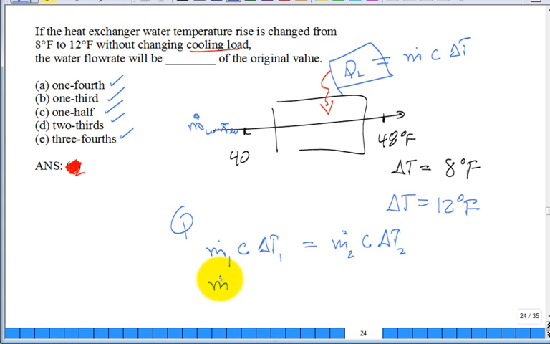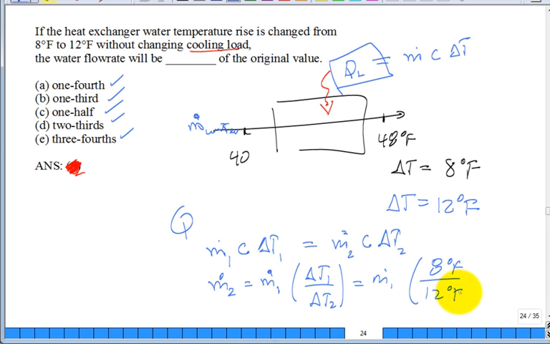So the mass flow rate for the new case is equal to the original mass flow rate times the original delta T divided by the new delta T. So the original delta T is 8 degrees F and it's now 12 degrees F. You don't need the same mass flow rate, do you?